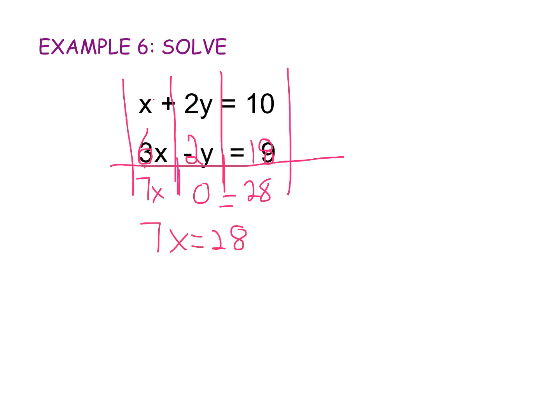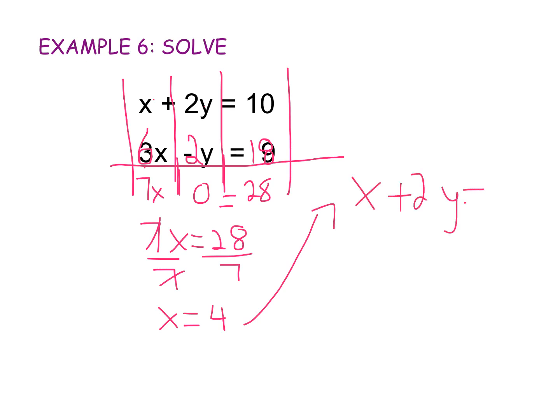There's only one step that we need to do to solve this equation. Just divide both sides by 7. x equals 4. So now we're going to take that 4 and we're going to put it into equation 1. So 4 plus 2y equals 10.